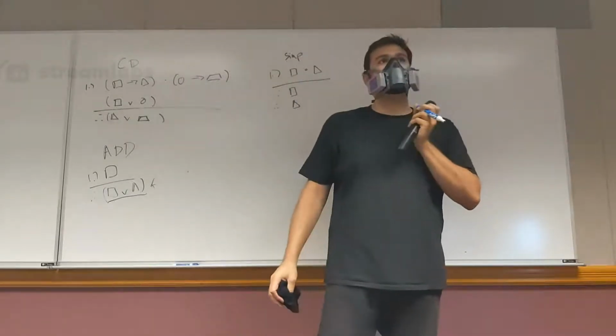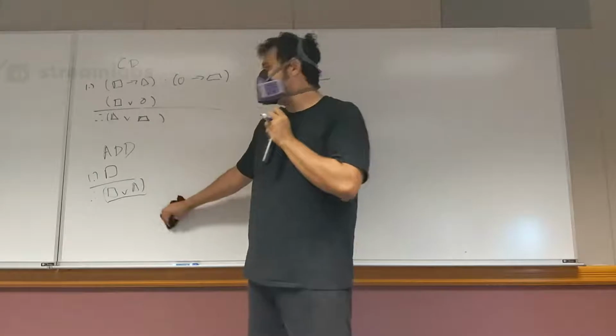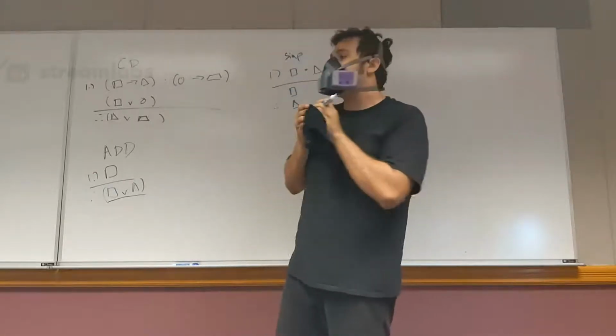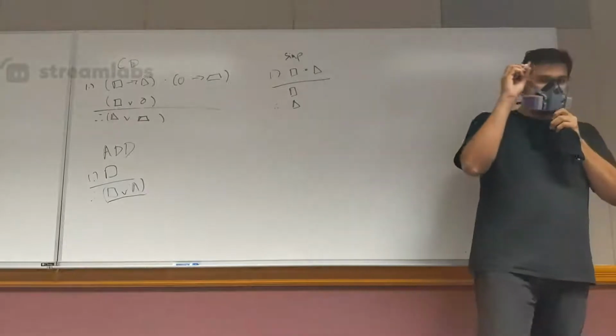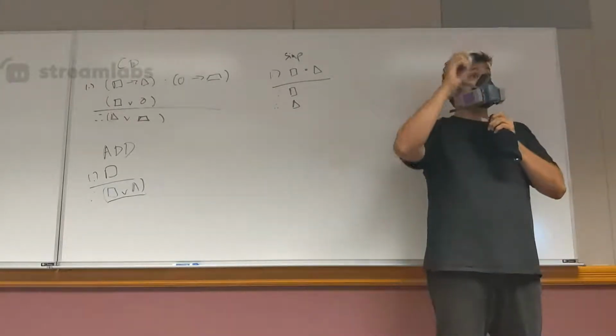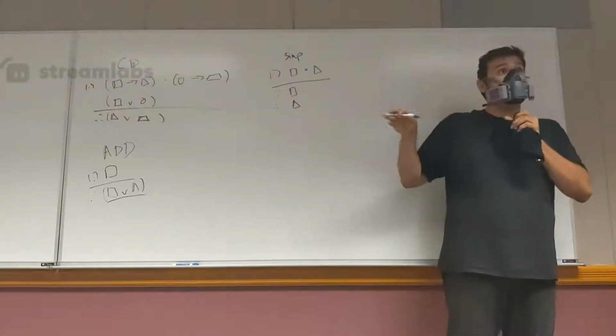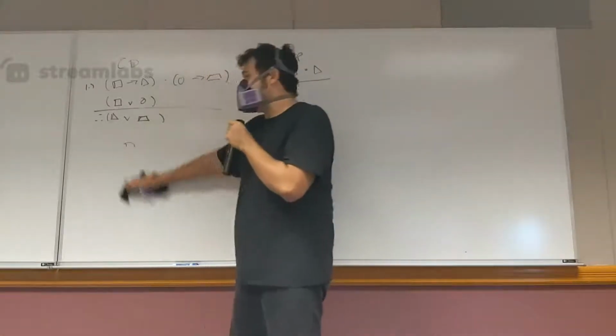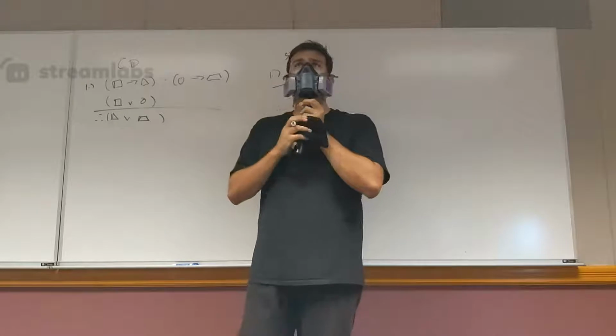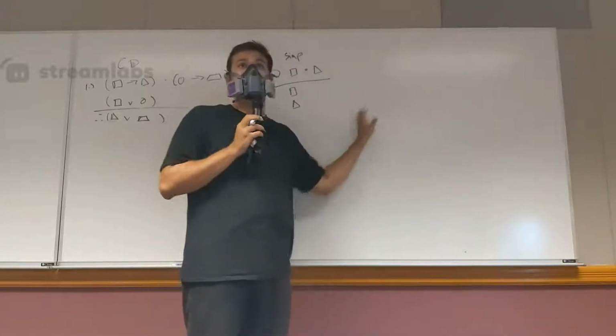For addition, is or the only operator you can use? Yes. For any of these rules, the operator that is in the diagram of the rules is only that one. There are some of them where it works on multiple operators that we'll learn later. Like, I can't remember what that one's called, where you switch the order.